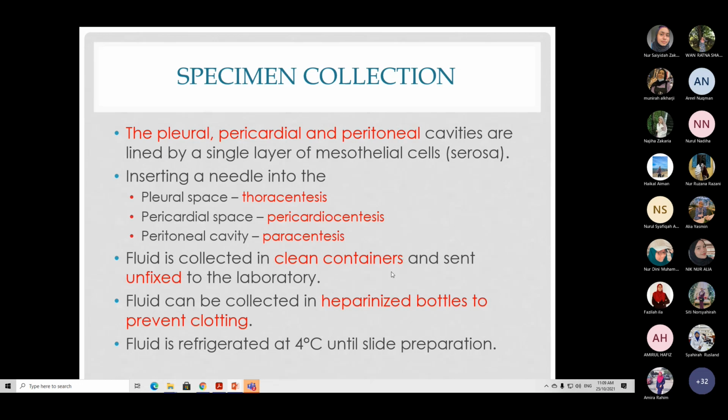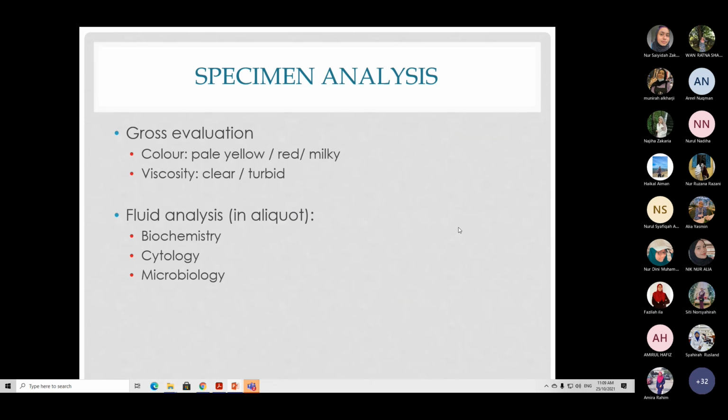But if you can do it directly, you don't have to refrigerate it. And then after the sample has been collected, first you need to do gross evaluation. Okay, check the color, check the viscosity. And then you have to aliquot the fluid, because the same fluid will be needed for biochemistry analysis, cytology analysis, and microbiology analysis. So the fluid will be divided for these 3 laboratories. But we will cover the cytology part today.